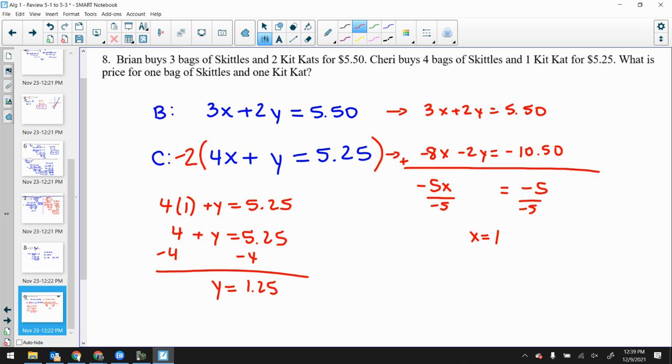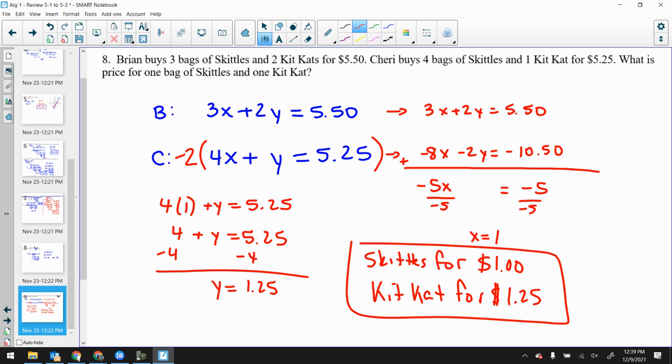And I get one Kit Kat was $1.25. So we say Skittles for $1, Kit Kat for $1.25.